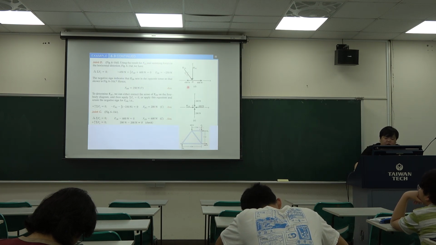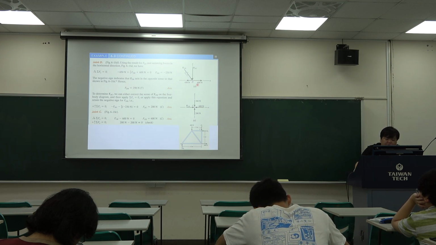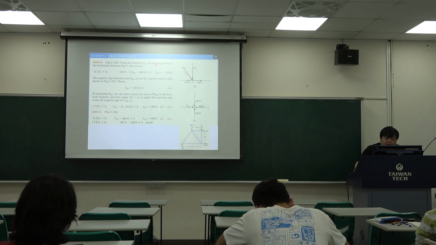We can also draw a free body diagram about joint D. We know these two forces, and we need to calculate these two forces. So we can do the summation Fx equals to 0. Then we can calculate FEB, like this part.